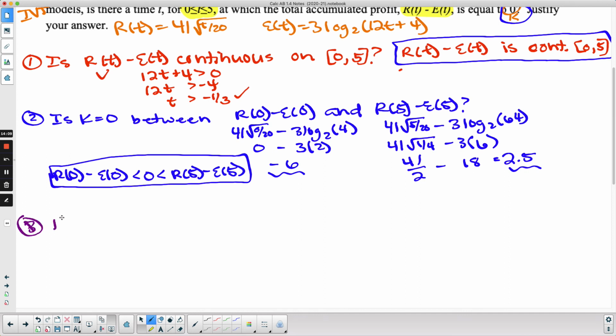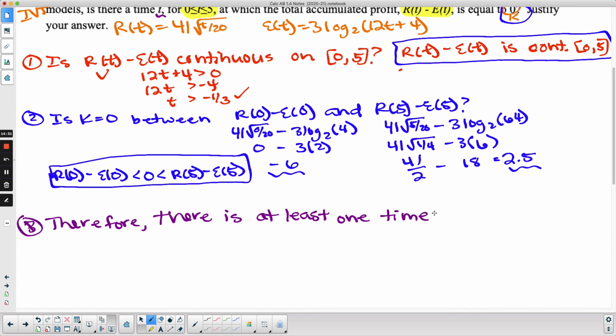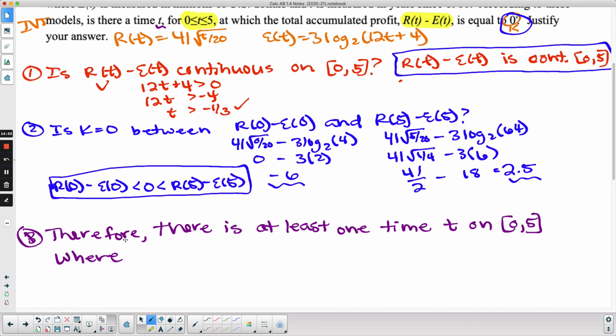part 3. Therefore, there is at least, and this time we're talking about t, not c, there is at least one time t on 0 to 5 where R of t minus E of t, okay, so their total accumulated profit is 0.